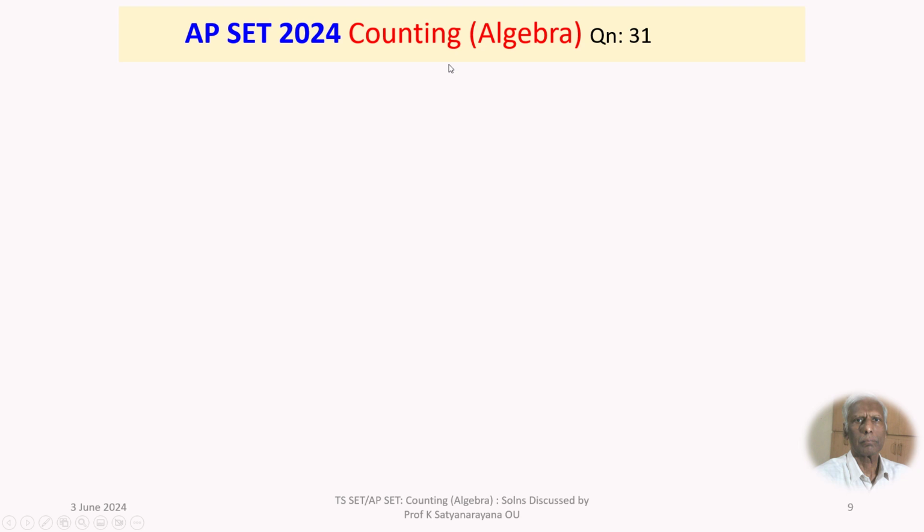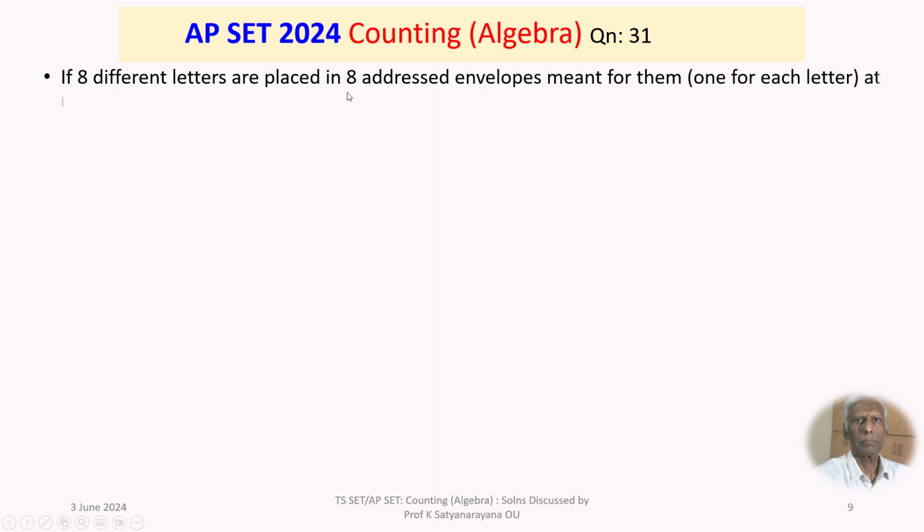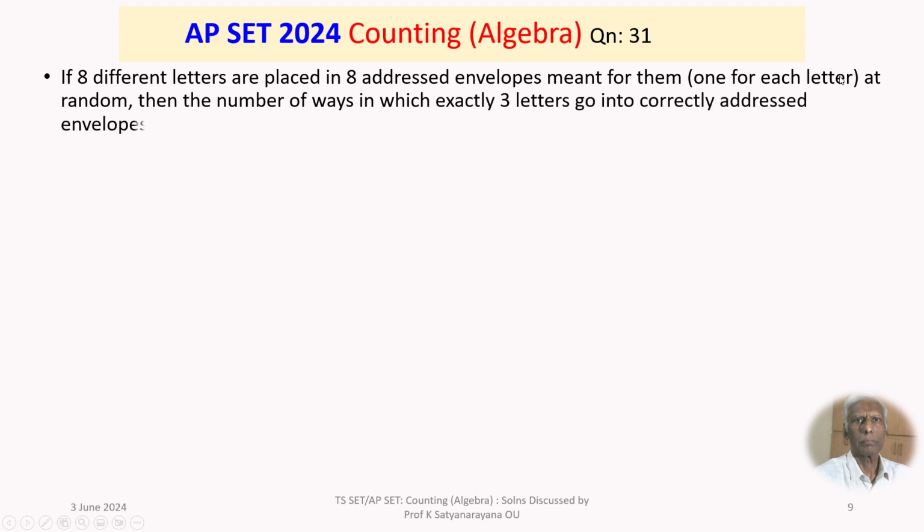It's again counting and the question number is 31. Let's read the question. If 8 different letters are placed in 8 addressed envelopes meant for them, one for each letter at random. That means you want to place 8 different letters in 8 addressed envelopes at random.